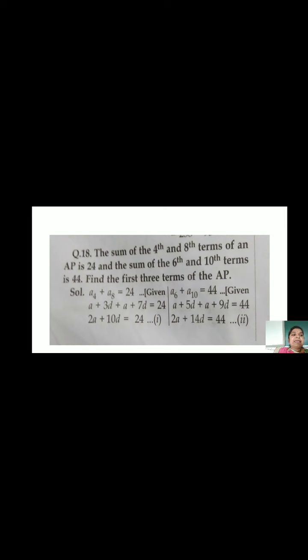Now, see the second condition given to us. Sum of the 6th and 10th term is 44. Means a6 plus a10 equals 44. Hence, now a6 can be written as a plus 5d, a10 can be written as a plus 9d, equals 44. After simplification, we have 2a plus 14d equals 44. Now combine equation number 1 and 2 and subtract. 2a and minus 2a get cancelled.